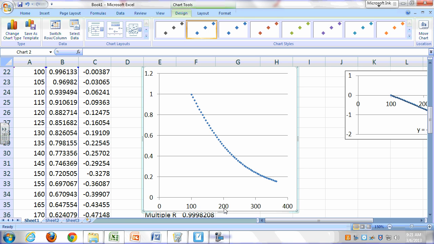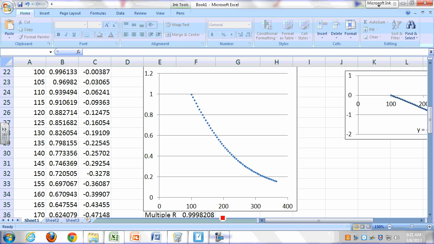So you can see, if you just did this experiment over, let's say, up to this time interval right here, if you just look at data from 100 to maybe 150 seconds, that might look like a straight line to you, right? This part right here looks like a straight line. So always keep that in mind when you're analyzing data.